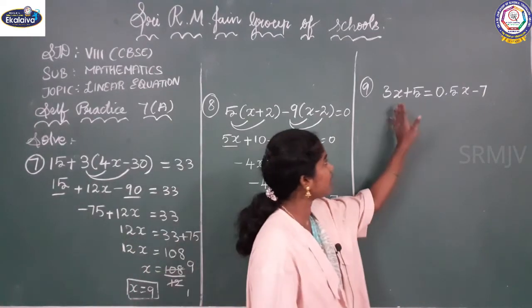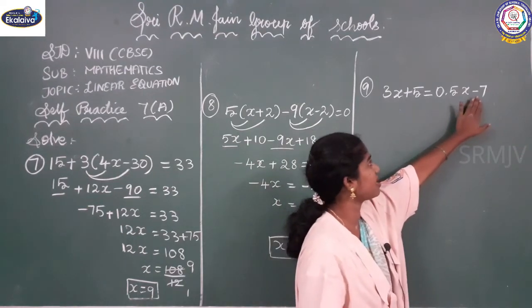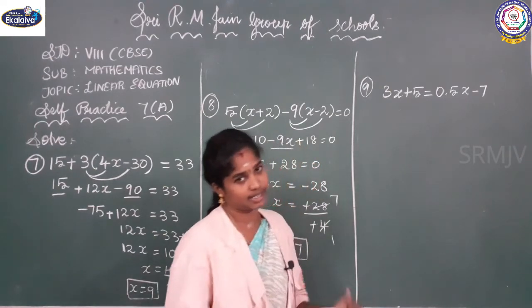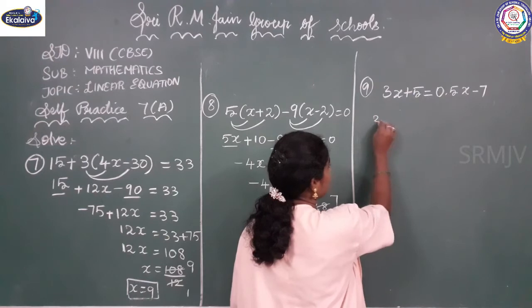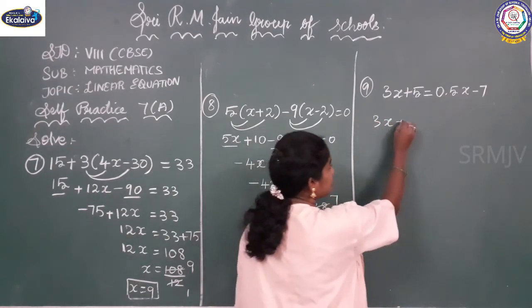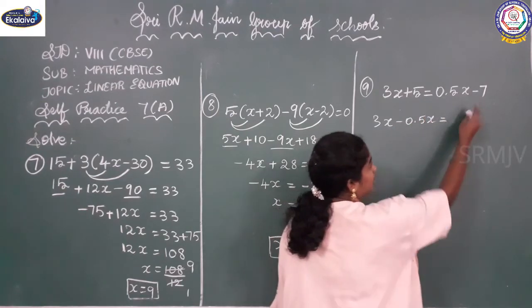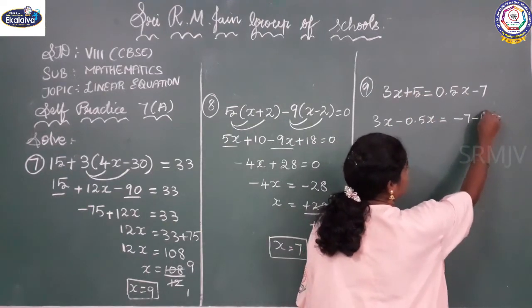3x plus 5 is equal to 0.5x minus 7. I am going to bring the x terms one side and the constant term to the other side. So 3x and plus 0.5x becomes minus 0.5x is equal to minus 7 and plus 5 becomes minus 5.